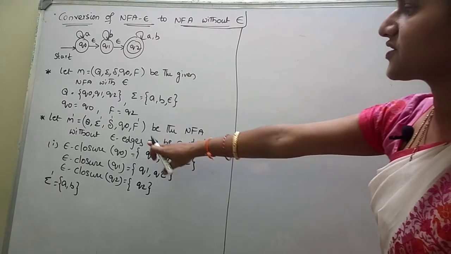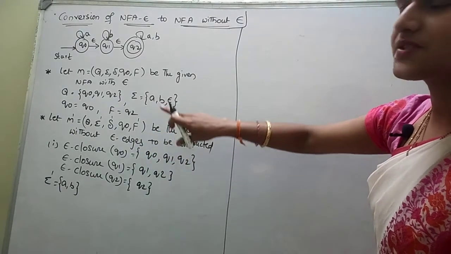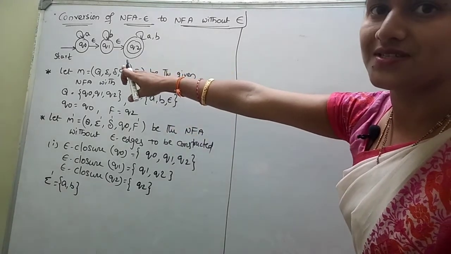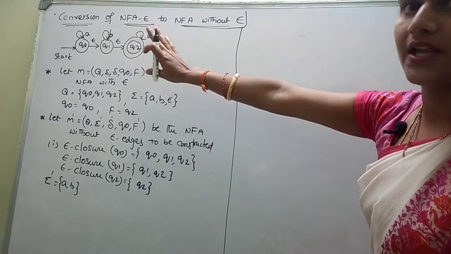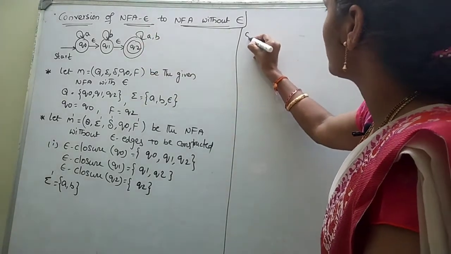So in the computation of the transition function for the NFA without epsilon edges, first we need to compute the transition function with respect to the first state by taking all the input symbols, that is a and b. How are we going to define this?